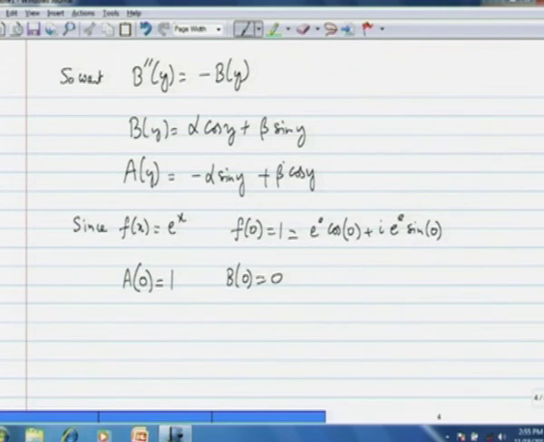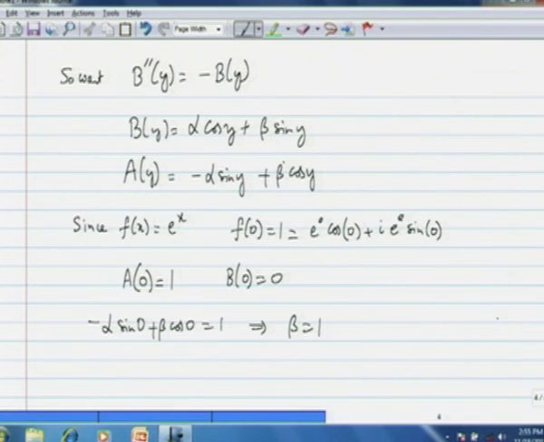So, a of 0 equals 1 tells us that minus alpha sine 0 plus beta times cosine 0 is 1, which implies beta should be 1.